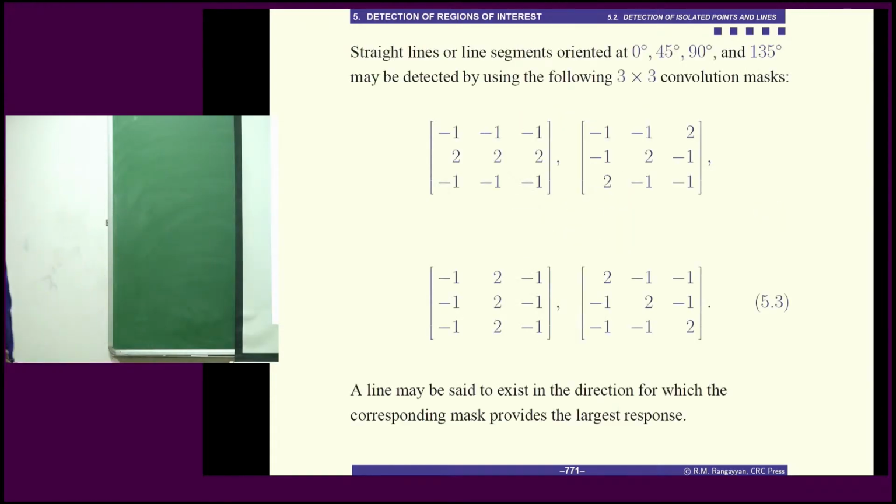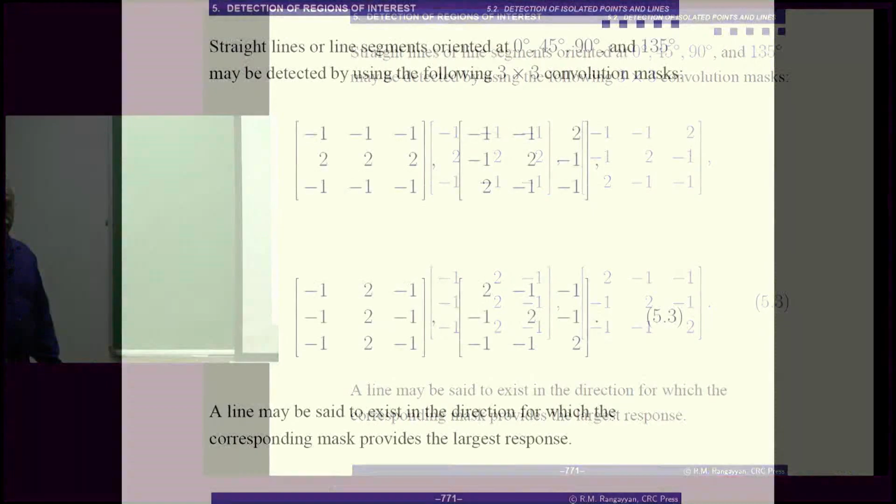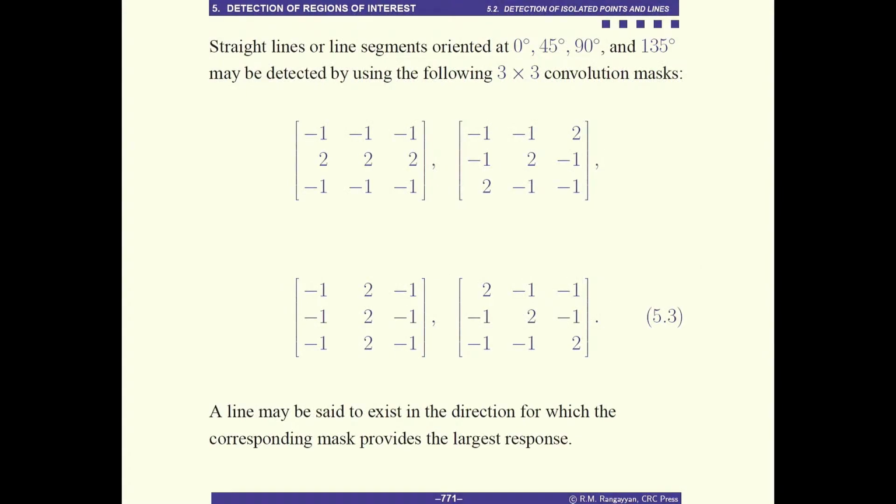Straight lines may be detected by using templates. This is the template for a straight line. And that's the background within a 3x3 mask. Why 3x3? That's just convenient, that's all. You want 5x5, go ahead and do the same thing with 5x5, 7x7. So diagonal line, vertical line, diagonal that way. So this is a derivative. The sum of all the coefficients is equal to 0. So you are doing a kind of template matching.